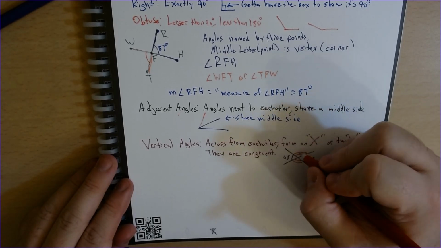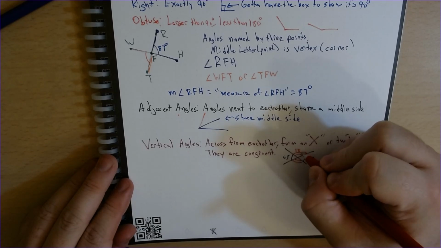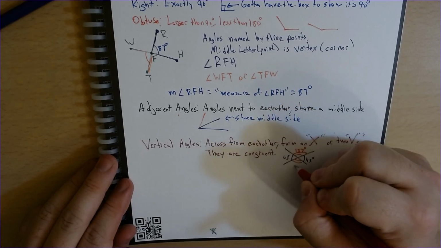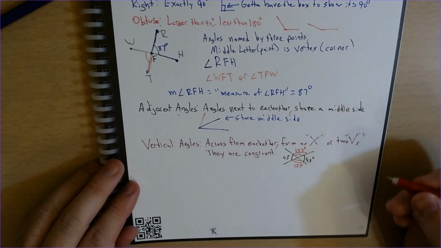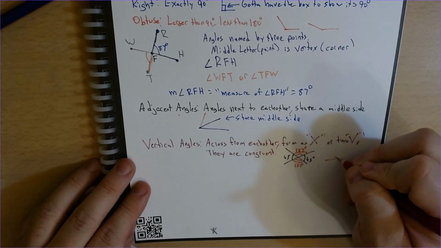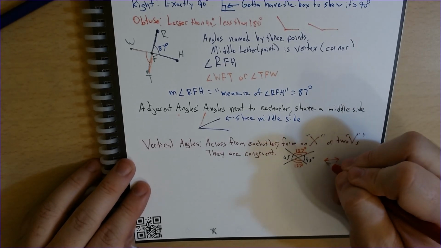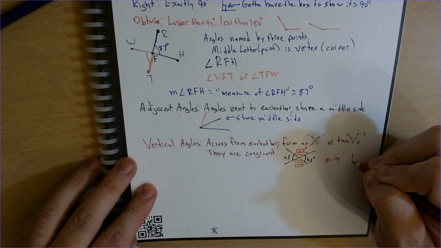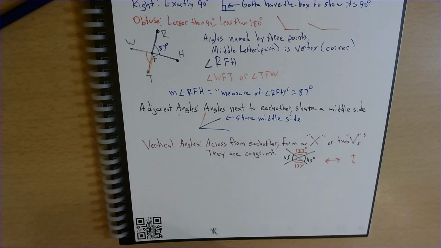And these would be like 137 degrees and 137 degrees. So they could be across from each other horizontally. They could be across from each other vertically. It doesn't matter. So just vertical angles. The important thing to know is that they are congruent, because you're going to do a lot of math with that.